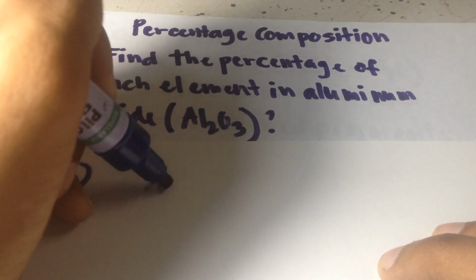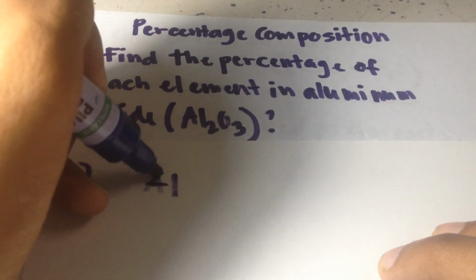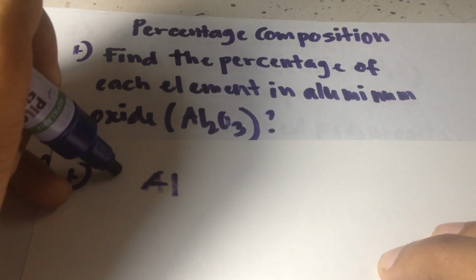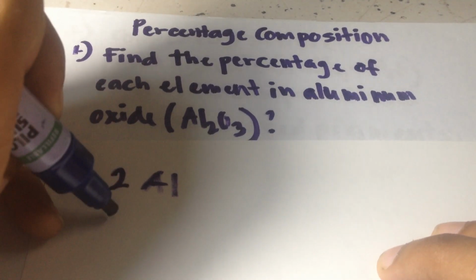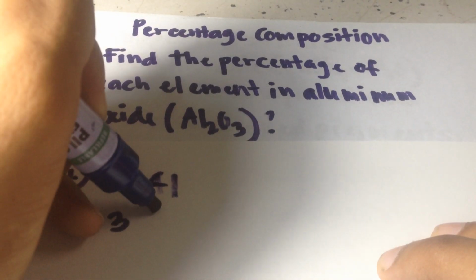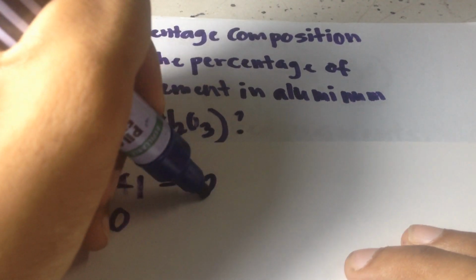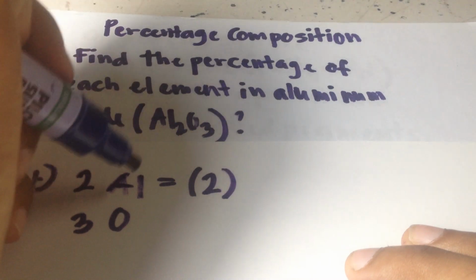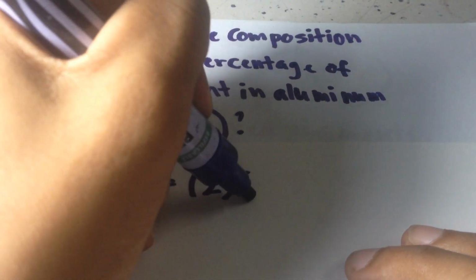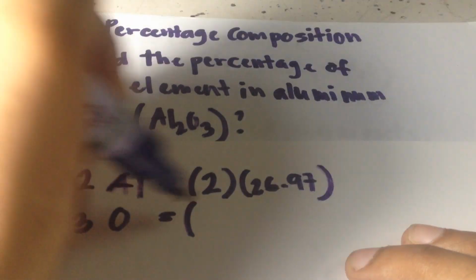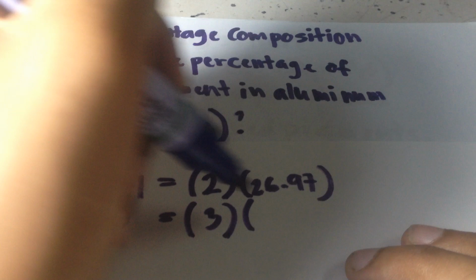So in aluminum oxide, they have 2 moles of aluminum and 3 moles of oxygen. So equals 2 times the molecular weight of aluminum, which is 26.97, plus 3 times 16.